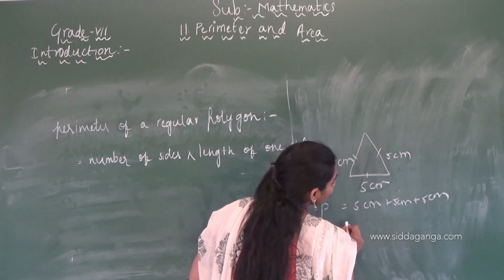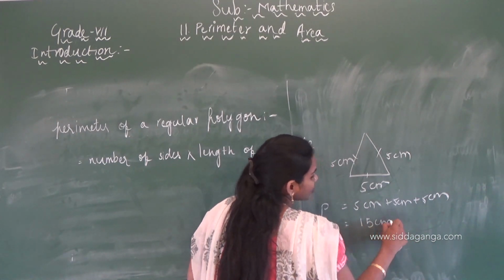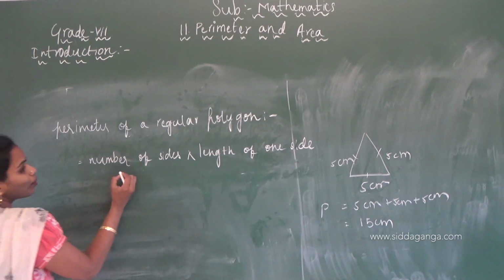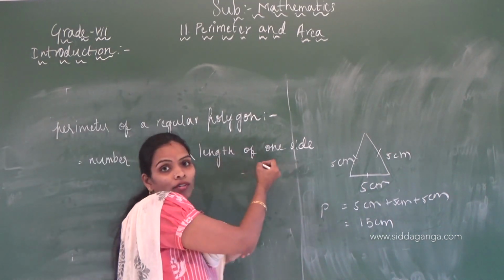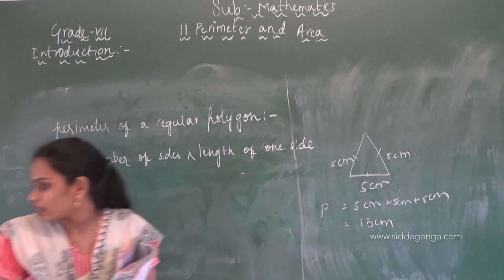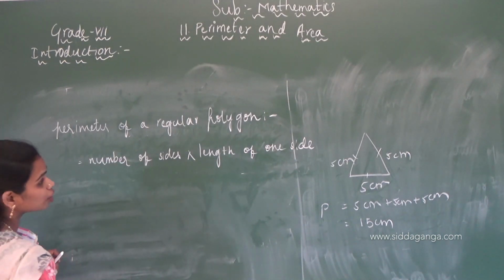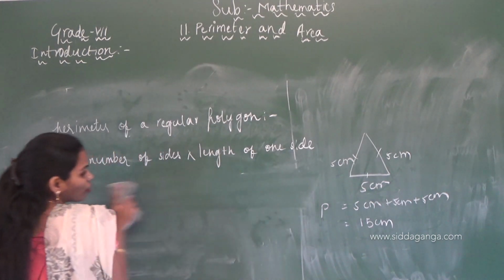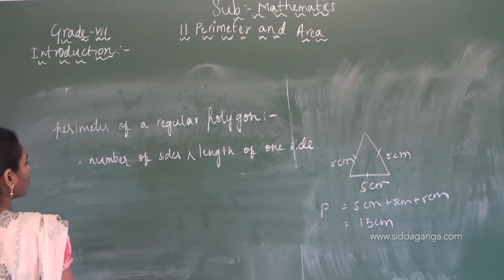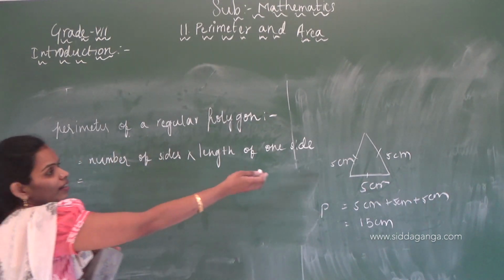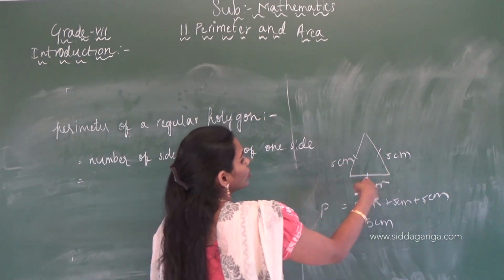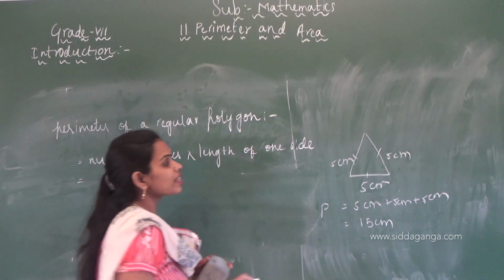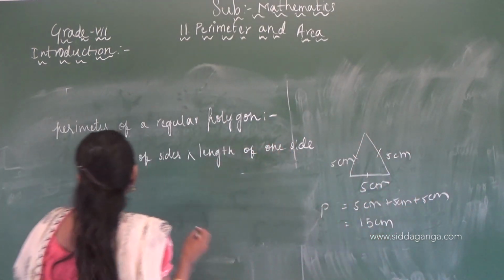Instead of this, we have one formula: number of sides into length of one side. How many sides are there? 1, 2, 3. 3 sides are there. Length of one side is 5 centimeters.